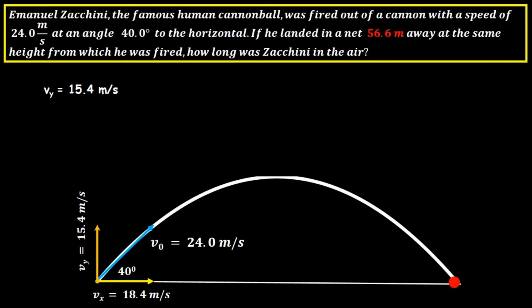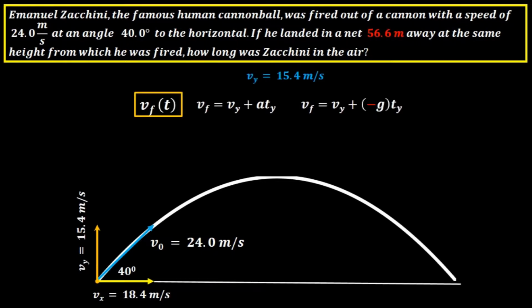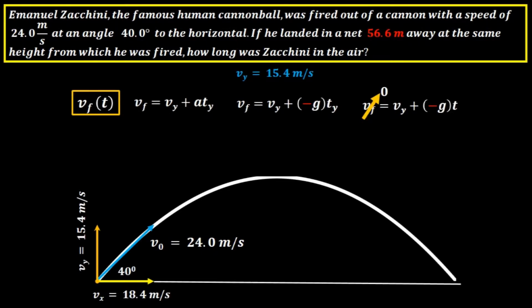I want to find ty, and I'm going to simply work out the derivation for the ty equation given the type 2 projectile motion. We know that VF here is going to be 0, so that term cancels. We see negative g because it's going up. So now it's going to be negative Vy equals negative gt.